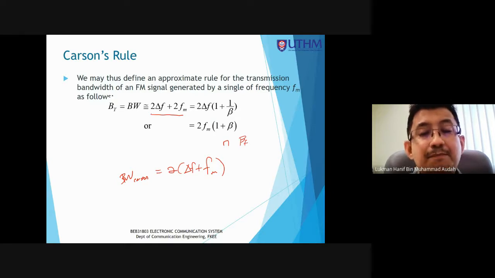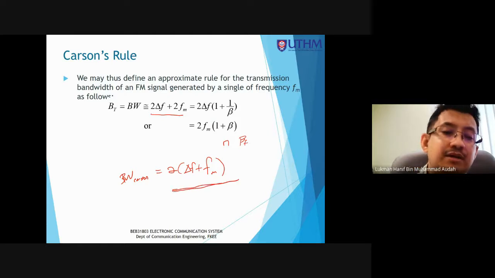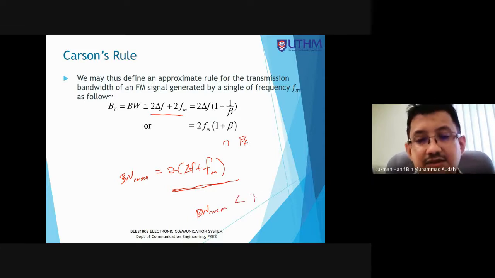Dia bukan nilai bandwidth yang tepat. Dia adalah approximation bandwidth. Nanti you akan lihat bahawa nilai ini kurang daripada bandwidth by Bessel. You will see later that bandwidth Carson is less than bandwidth Bessel.